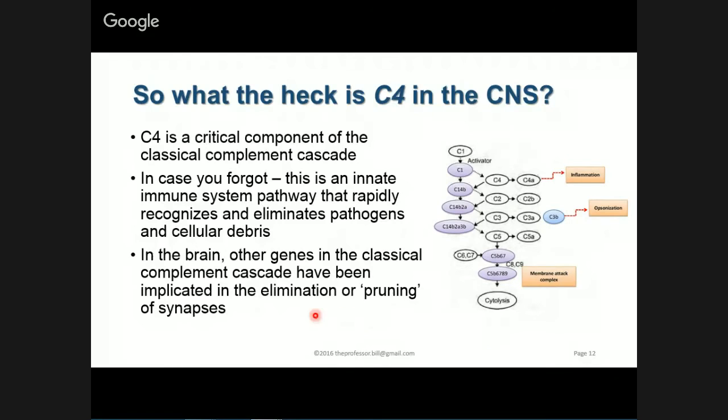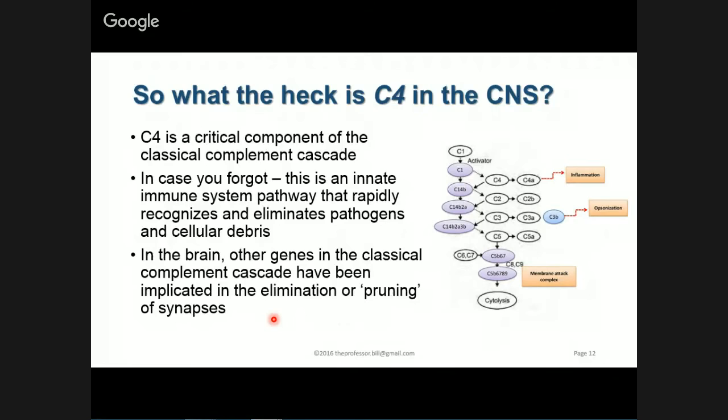In this immune privileged organ, these genes that are part of the classical complement cascade have been implicated in other things. One of the things the C4 and C3 systems in particular have been implicated in is the elimination or pruning of synapses. Okay?